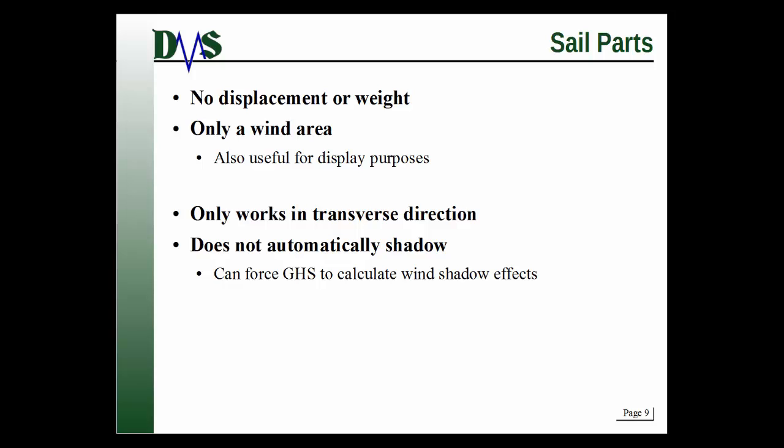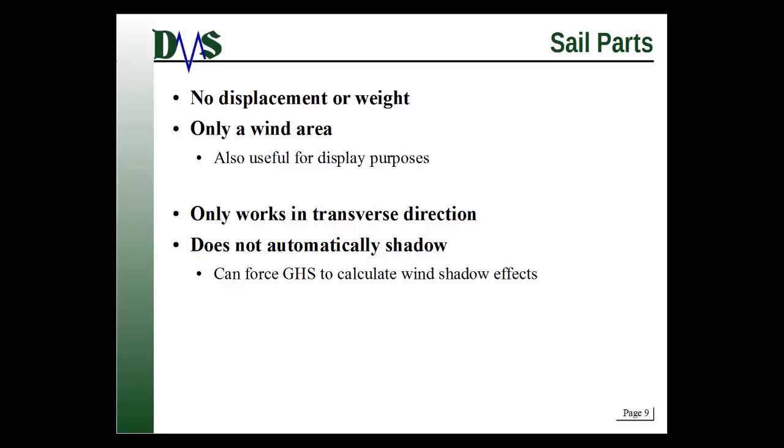They only work in the transverse direction, and here's a real catch: if you stack sail parts in front of each other, GHS will not automatically assume that there's wind shadowing happening. If you have one part in front of another, it's not going to account for the area deduction.